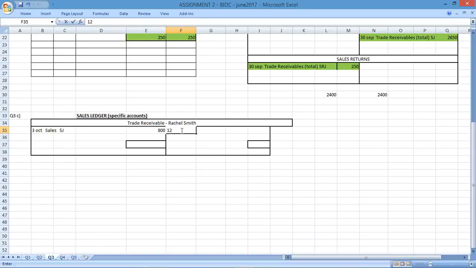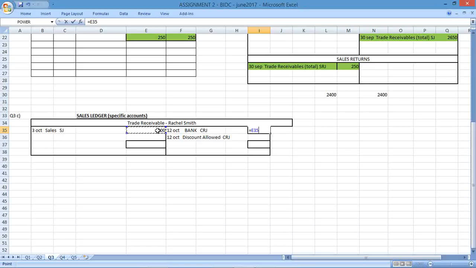So on the 12th of October, Rachel paid, so bank would have gone up, cash receipts journal, and on the 12th of October, discount allowed, cash receipts journal. So you received an amount after deducting a 2.5% cash discount.